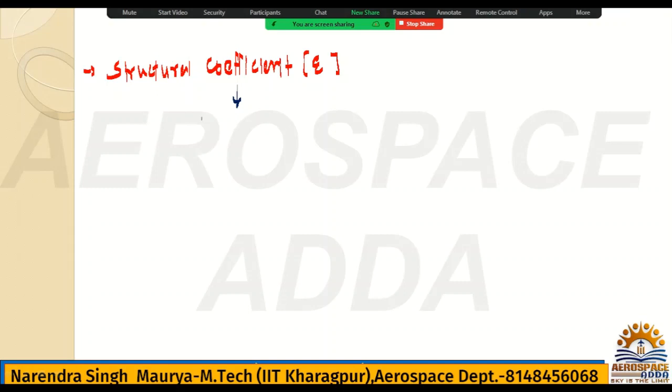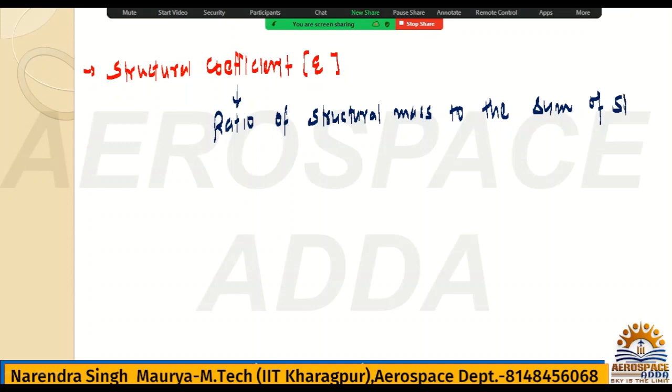It is the ratio of structural mass to the sum of structural and propellant mass.